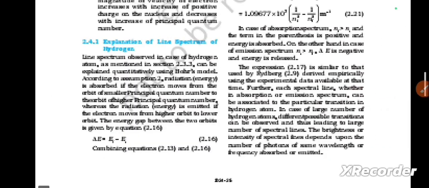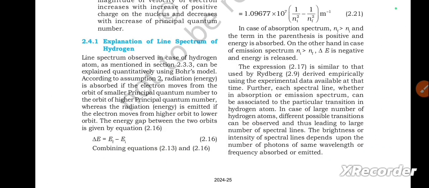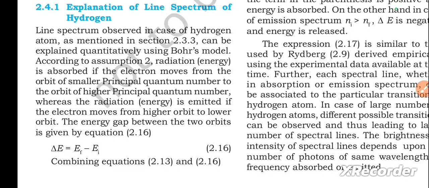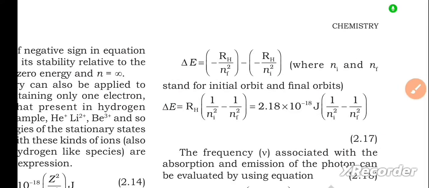The energy gap between the two orbits is given by the equation delta E equals Ef minus Ei.